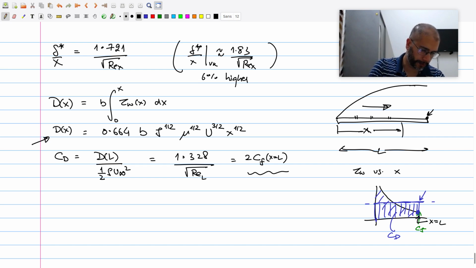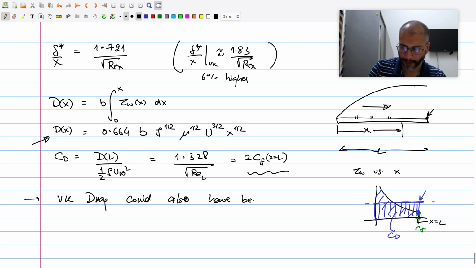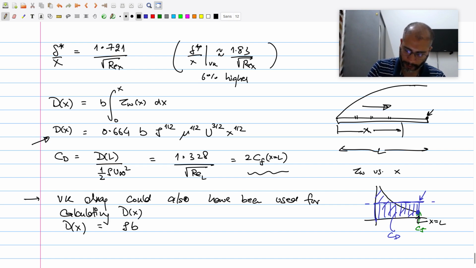Now, you could also have used the von Karman drag relation for calculating D_x. From the von Karman drag relation, D_x was equal to rho b times u infinity squared times theta, the momentum thickness, which is a function of x, and theta was defined as the integral from 0 to delta.